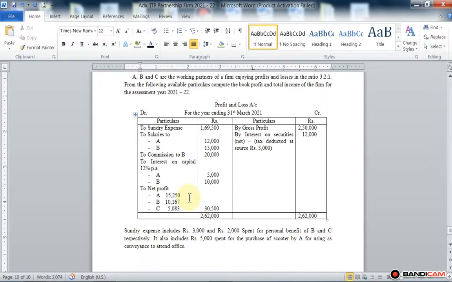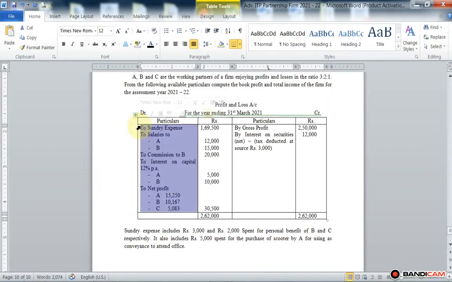So first of all, we identify the expenses relating to the partnership firm and the expenses not relating to the partnership firm. Those expenses not relating to the partnership firm are called disallowed or inadmissible expenses. Additional information is provided on sundry expenses, so make a star in front of it.